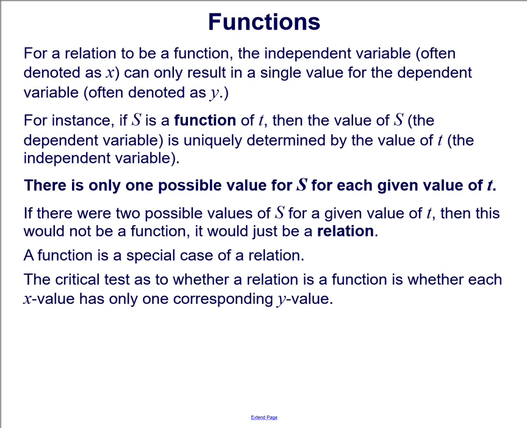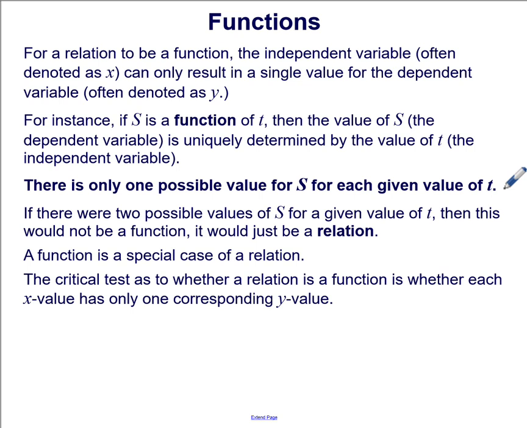For instance, if s is a function of t, then the value of s, the dependent variable, is uniquely determined by the value of t, the independent variable. This is a key point right here. There is only one possible value for s for each given value of t.